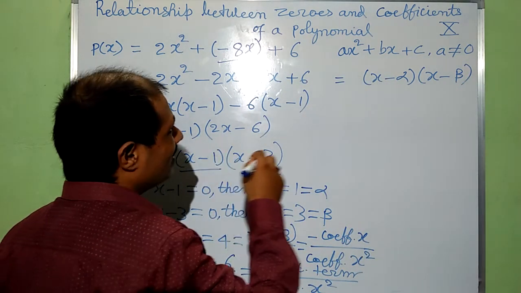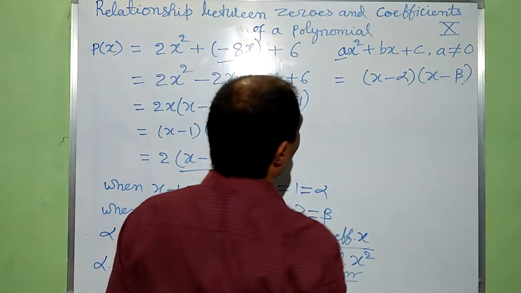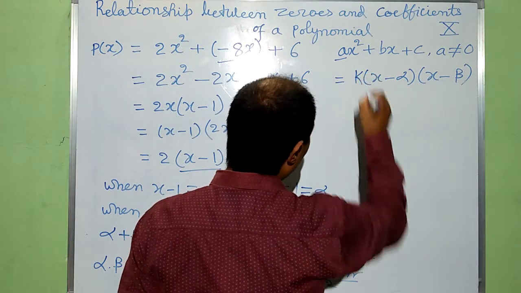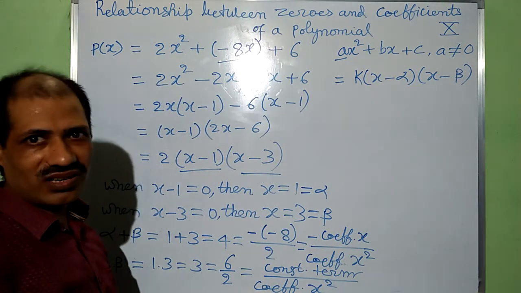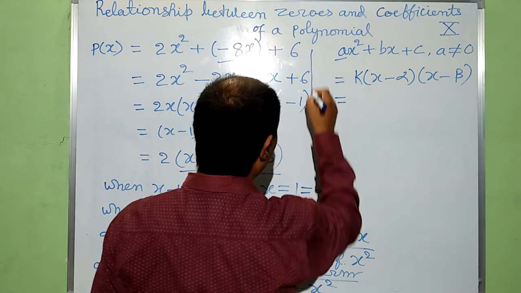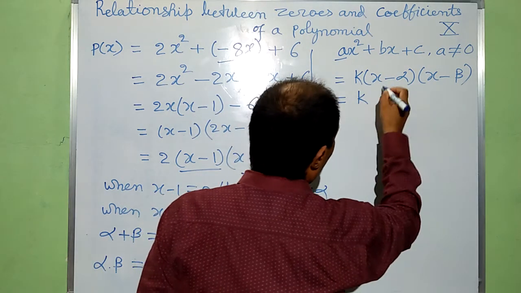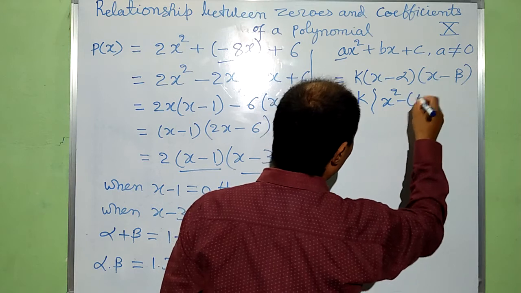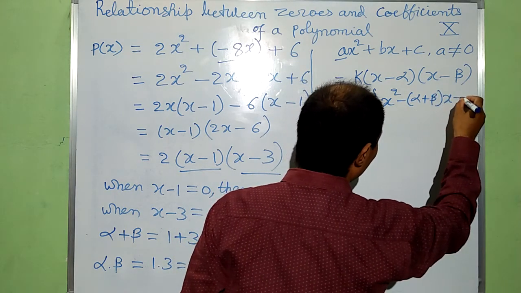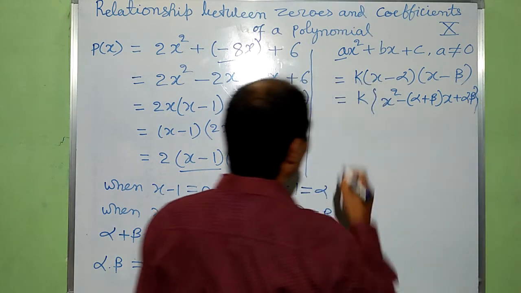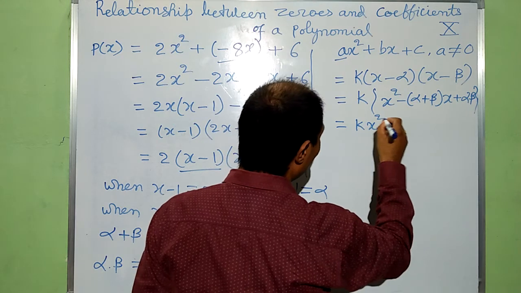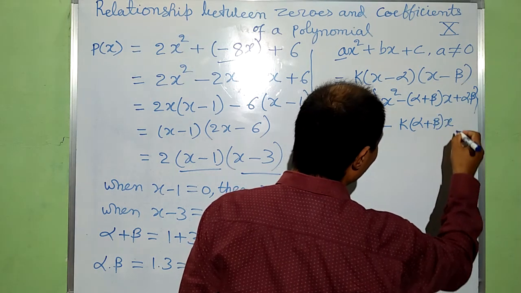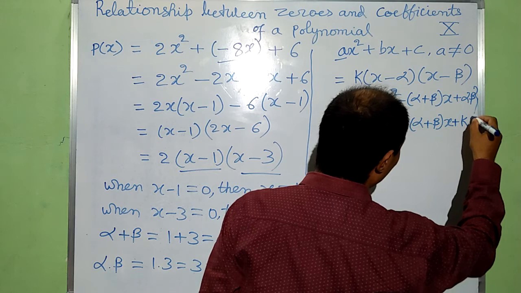Here a is the coefficient of x square, which is an arbitrary constant, but here the constant is hidden, so we put k in place of the constant. Now we can solve it like this: k times x minus alpha into x minus beta will give us k x square minus k alpha plus beta x plus k alpha beta.